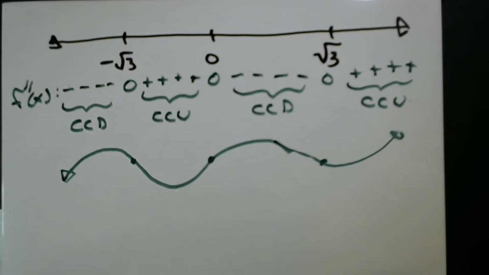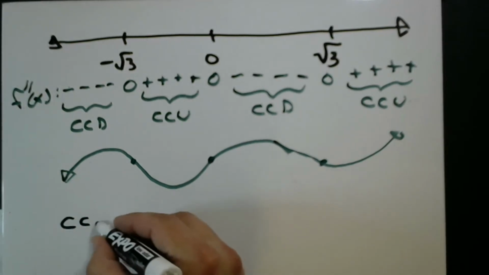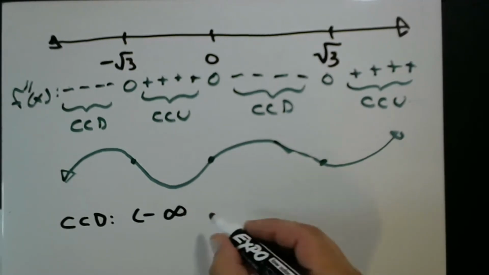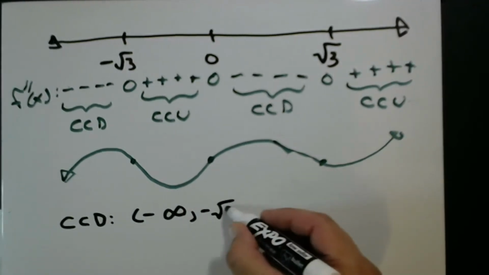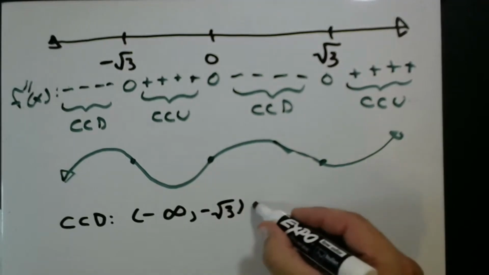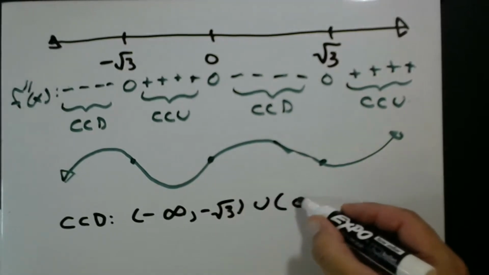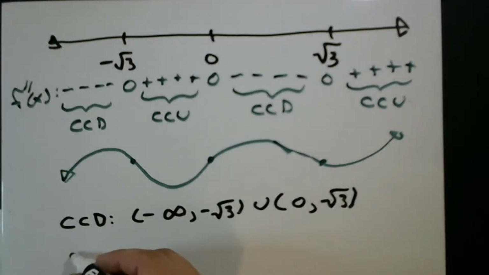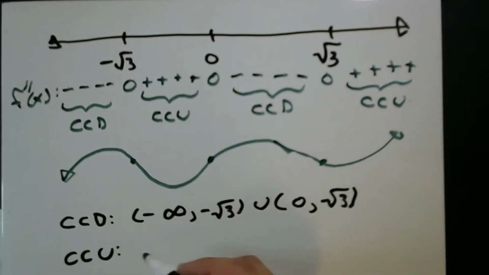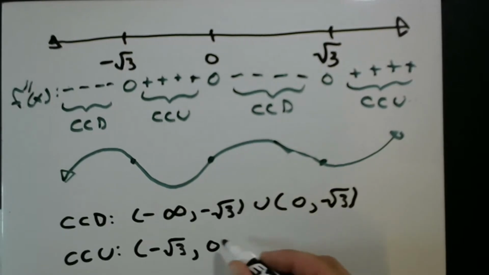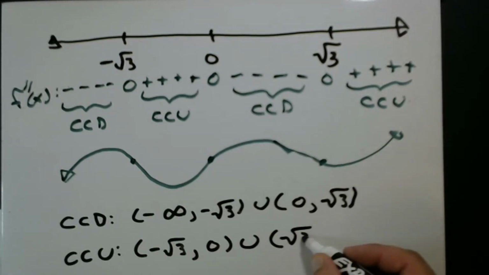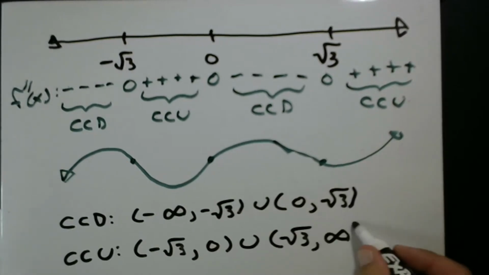So just to summarize: for concave down, we have from -∞ to -√3, and also on 0 to √3. For concave up, negative square root 3 to 0, and square root 3 to infinity.